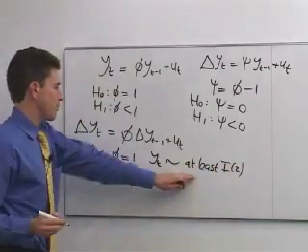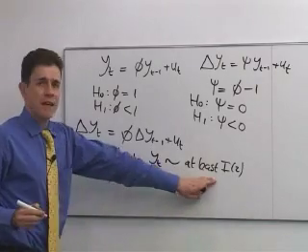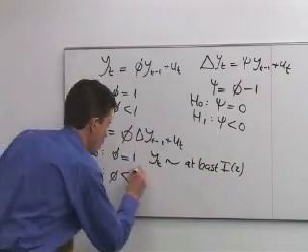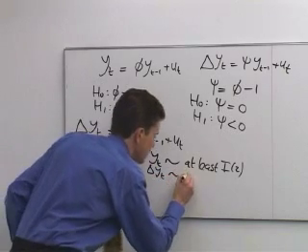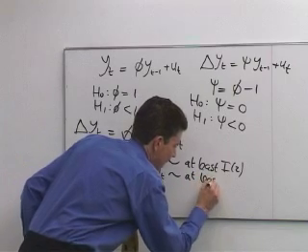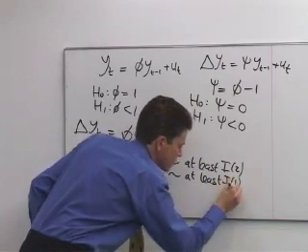So under the null hypothesis here, yt contains at least 2 unit roots. Or also under the null hypothesis, we could write that delta yt contains at least 1 unit root.